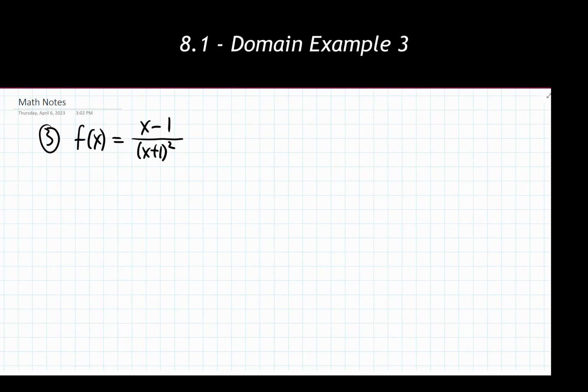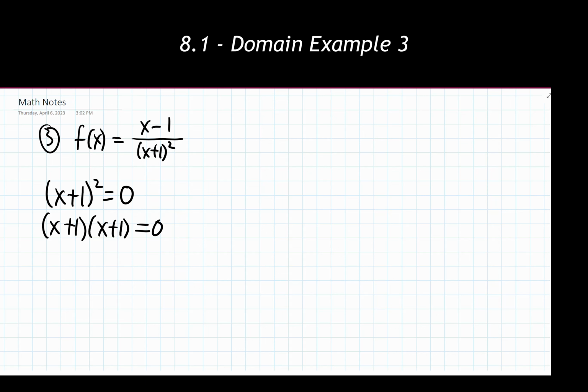So there we have example 2. Looking at example 3, we're going to follow along the exact same way, pretty much the exact same pattern that we did with our first two. I'm trying to find the domain, so I need to set the denominator equal to 0. So I'm writing out the entire denominator, saying equal to 0. Now I'm noticing I have all of this raised to the second power. So I can expand this out for myself and write it as x plus 1 times x plus 1 equals 0.